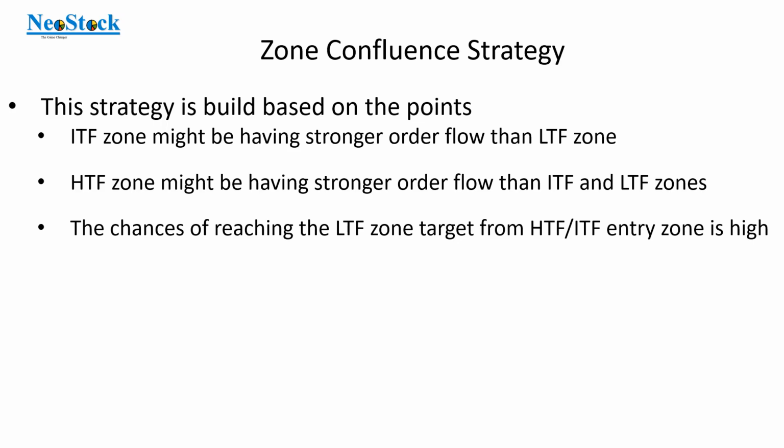That way you might be seeing the probability chances. But if the entry zone is an ITF zone and the target is only LTF, in such a situation, the probability is much higher. And if the entry is an HTF zone but your target is only an LTF zone, the probability is even more. That is what we have discussed here.